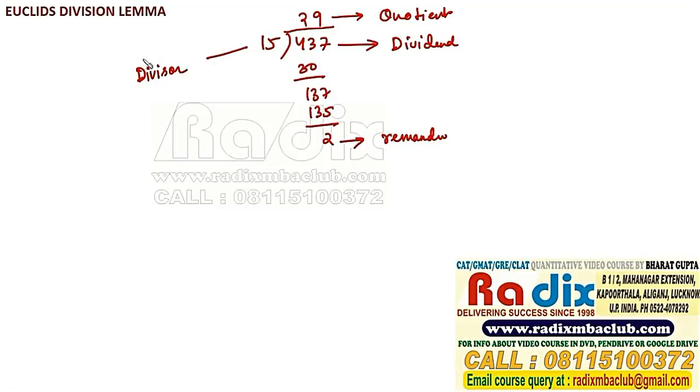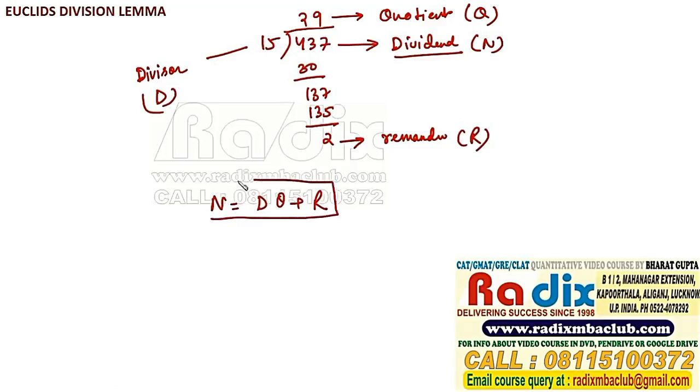So the basic rule given by Euclid: if we assume dividend as n, quotient as q, divisor as d and remainder as r, then Euclid says that n is equal to dq plus r, and r is always less than the divisor and greater than or equal to 0. That part is very important.